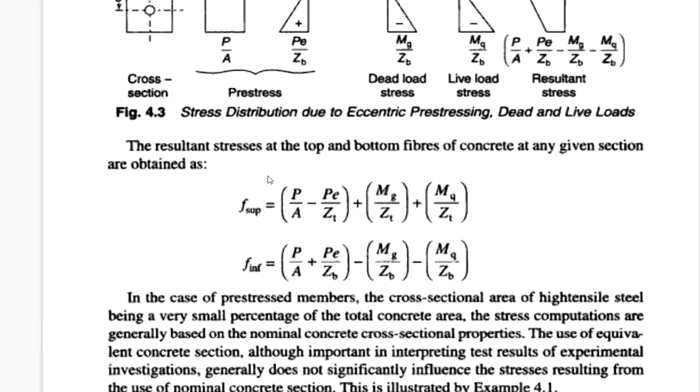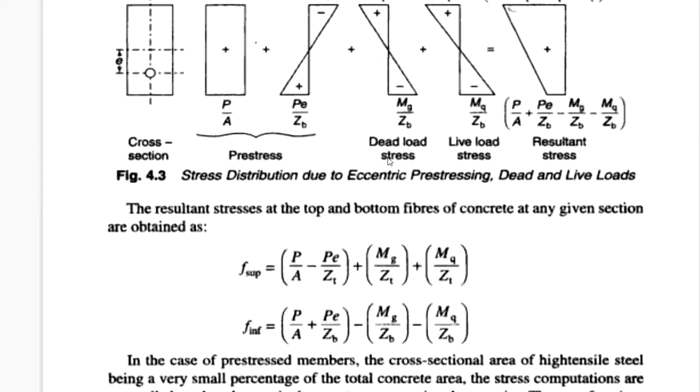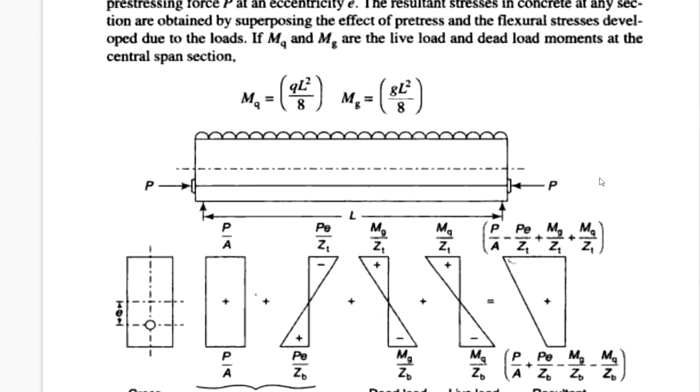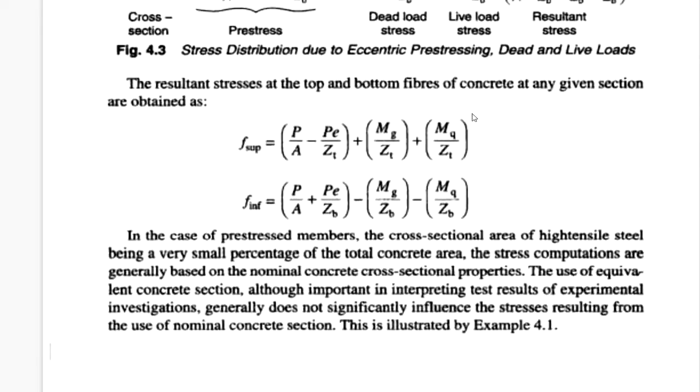So this is what they have given over here. So this is the resultant. Now in case of a pre-stressed member, the cross-sectional area under high tensile stress is very small. This I have explained in the previous session. I just wanted to draw the diagram of compression and tension, so I have repeated this particular topic.